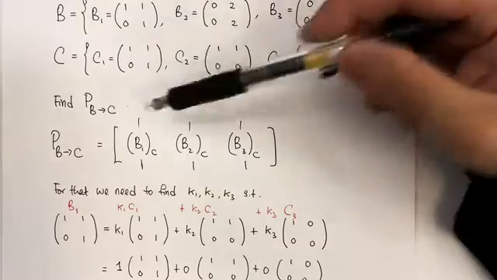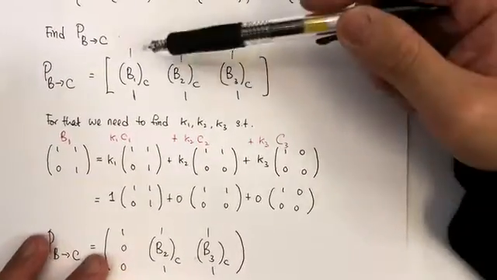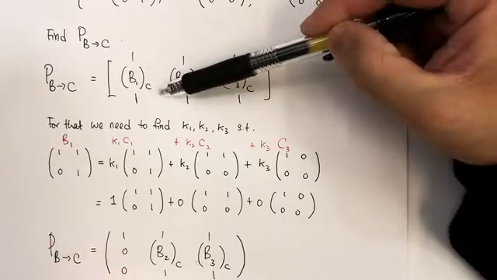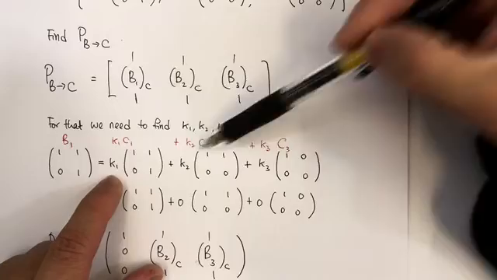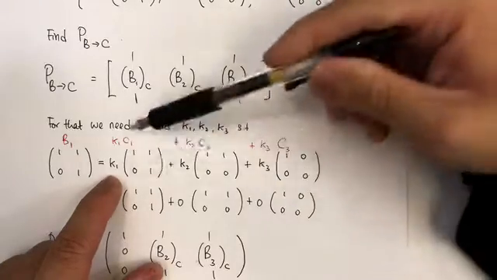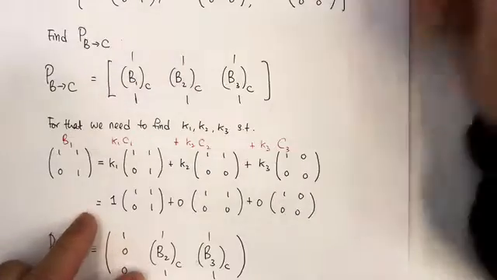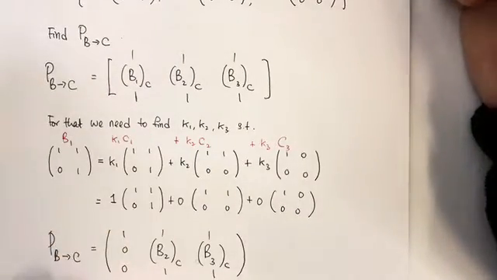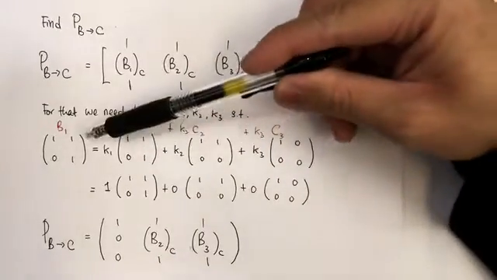So how do we find the coordinates? According to the definition, if you want to find the coordinates of B1 relative to basis C, you have to find the coefficients K1, K2, K3 such that K1C1 plus K2C2 plus K3C3 equals your B1. This is a very simple example because it turns out that our C1 and B1 are the same.